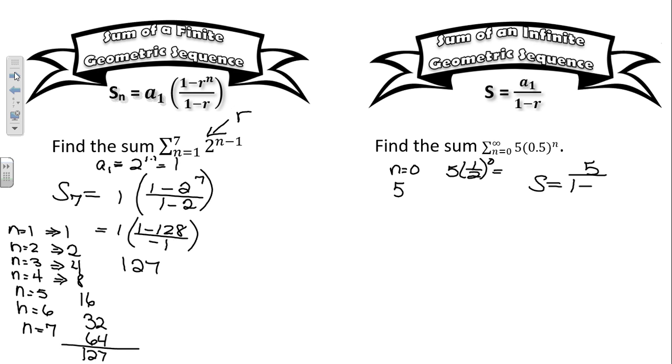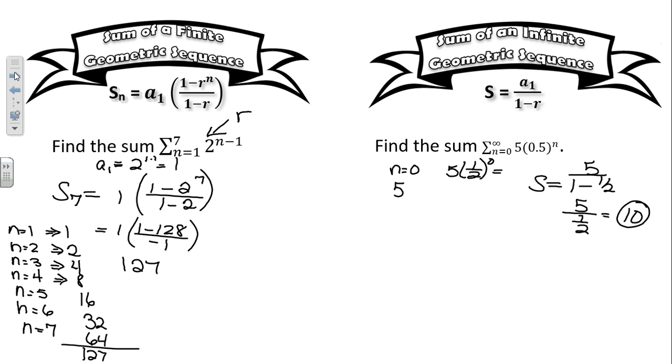What's our ratio? A half, 0.5. So 1 minus a half is going to be 1/2, right? So when we take 5 and divide that by 1/2, what is that? We flip and multiply, and we'll get 10. So our answer is 10, which is much faster than if we did it the long way.